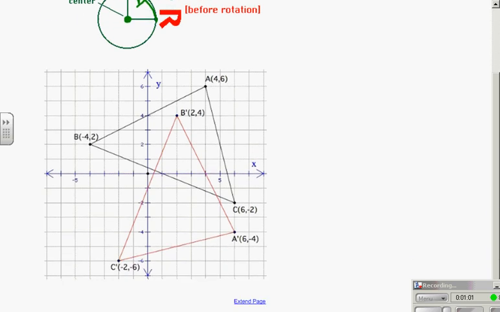One of the things that we can talk about when we're doing a rotation, and the way you would think about it, is here ABC has been rotated to get to A prime, B prime, C prime. How far has it been rotated? Well, for every pre-image point and every image point, you can connect and see that 90-degree clockwise rotation.